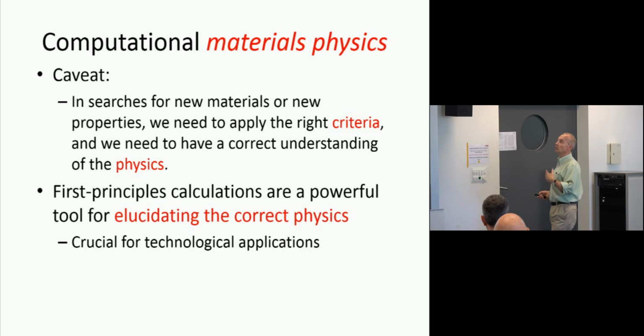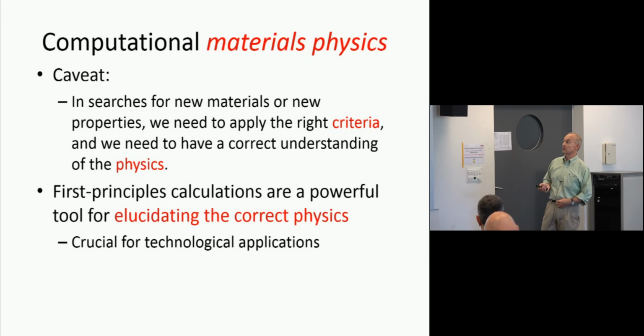But I want to talk more broadly about situations where, in order to screen for new materials, we need to make sure we are focusing on the correct questions in terms of actually having a correct understanding of the underlying physics.